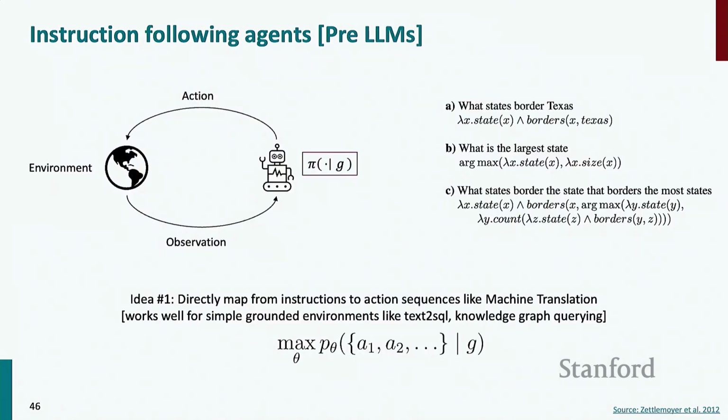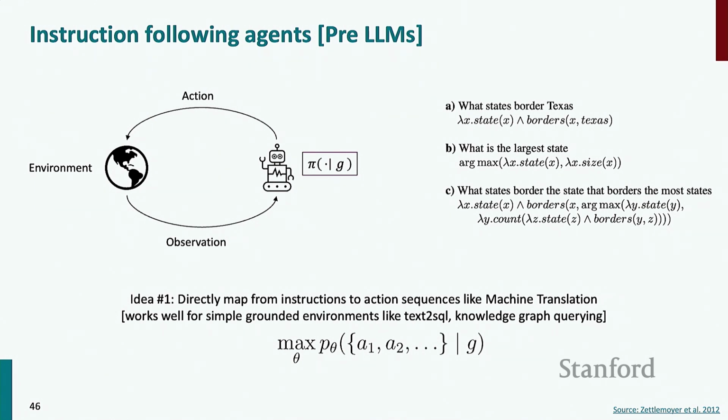Okay, so before we look at how we can use language models to do instruction following, I think it's very helpful to look at how this was done before language models. So there were basically three main ideas. Sometimes the right thing to do was collect examples of utterances paired with logical forms.